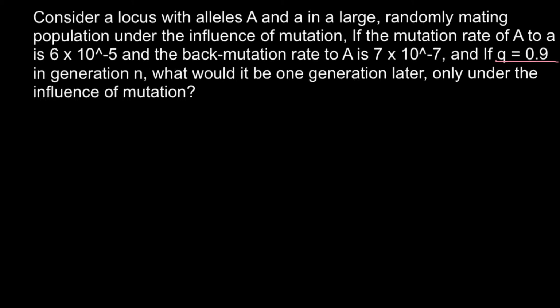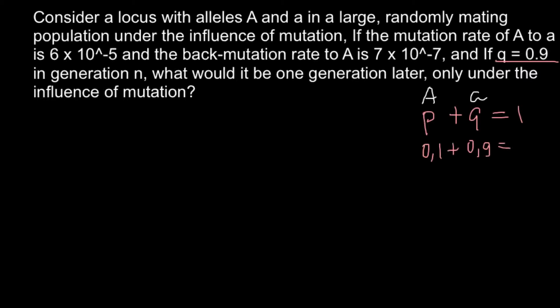The total number of alleles in the gene pool can be expressed as p plus q, and would equal 1. If q is 0.9, the frequency of the recessive allele a, then the frequency of the dominant allele A would be 0.1.